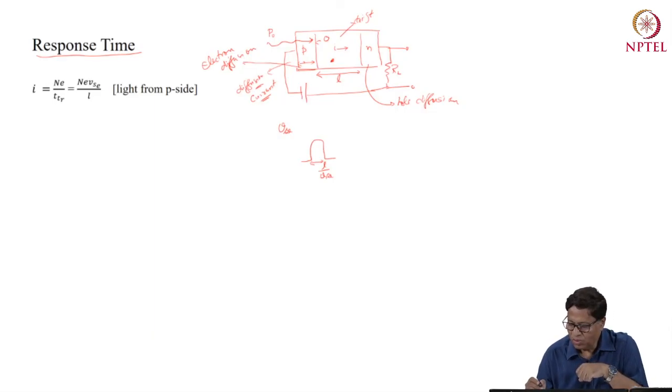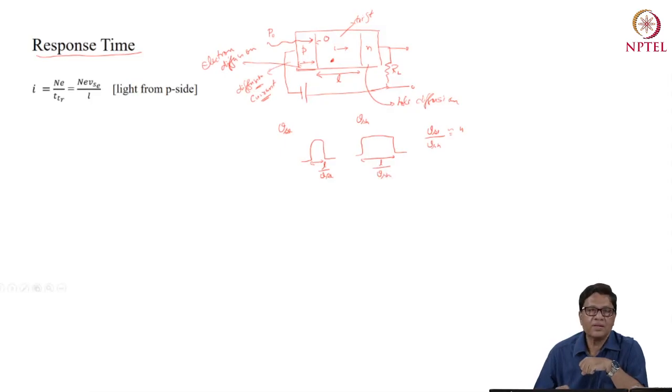And similarly, the hole will contribute to the current, and that will attain some velocity VSH, and we know the ratio of VSC and VSH, the saturation hole velocity, is approximately 4. So this will generate a current pulse which will be a little wider, and this will be L divided by VSH. So this is how the electron current pulse is generated.